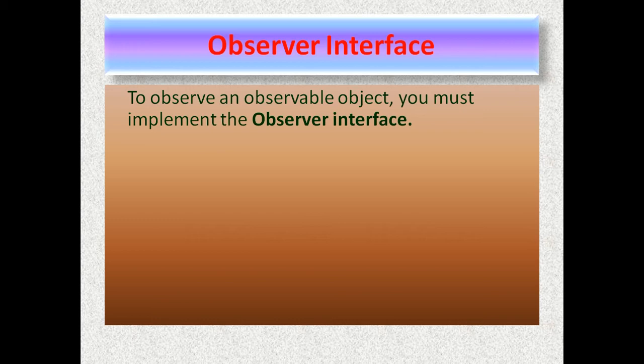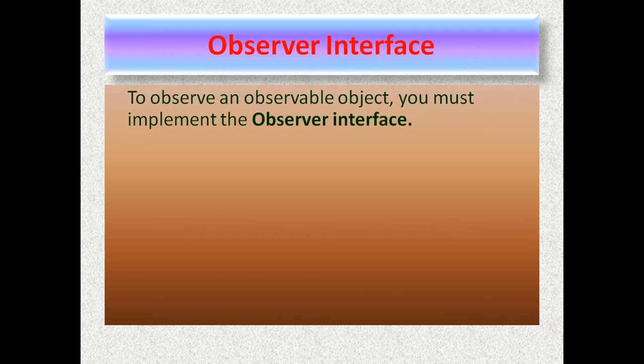So you have classes A, B, C, D. B, C, and D class objects should be observed, I mean, should be monitored. So we need some observer to monitor the classes B, C, and D. We can make class A implement the observer interface, so that class A becomes an observer.